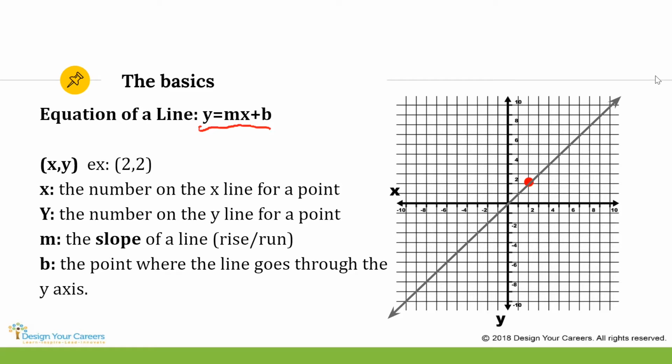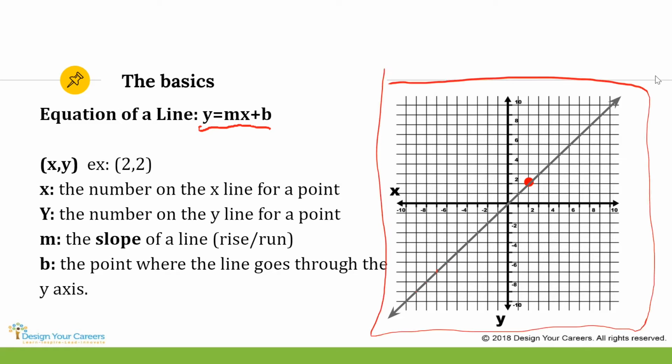So to start off, let's talk about what a point is. A point is any point that can be on a graph. If you don't know, this is a graph right here. It's kind of like a grid. A point can be written as x, y.